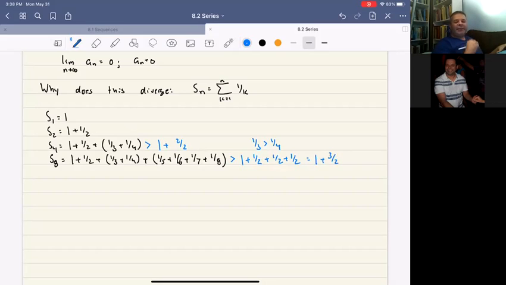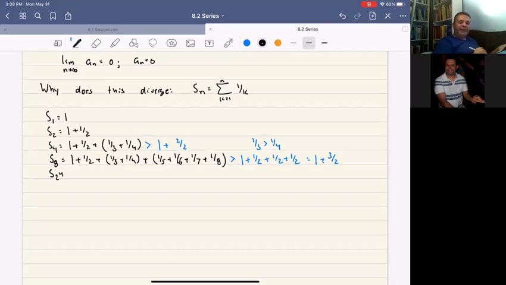Okay, let's do S sub 16, which actually, 16 is 2 to the 4th. So let me do that one. 8 is 2 to the 3rd, right? This was 2 squared.